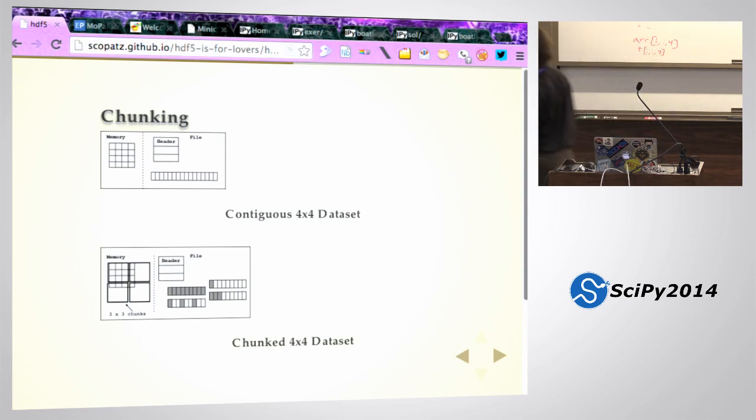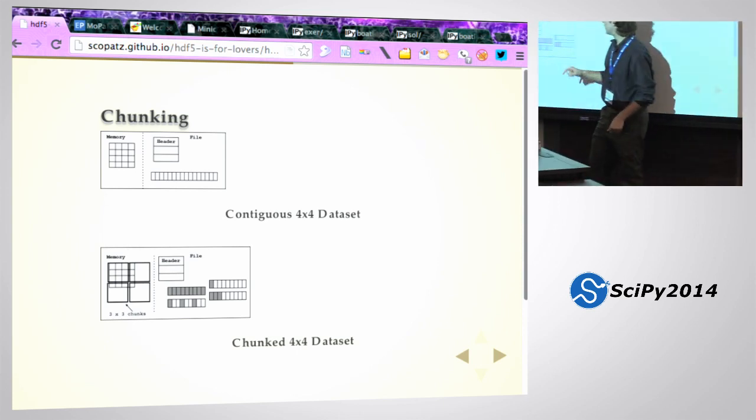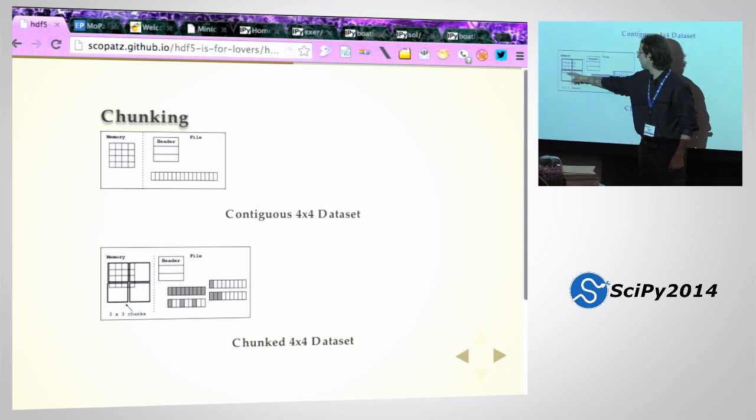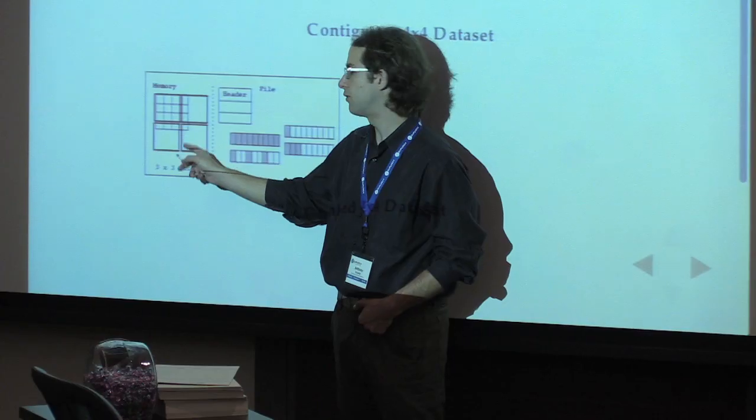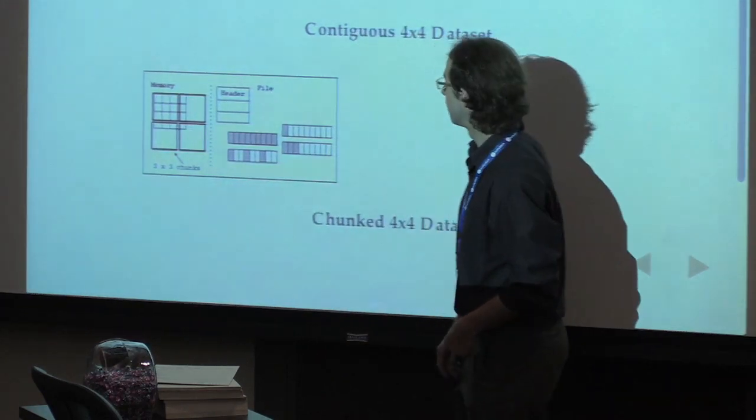If you chunk it instead, you would end up with tiles that each store their own part of the array. These are n-dimensional chunks, as you saw. You get one 3 by 3 up in the right corner, another that just stores that little sliver along the right, another sliver for the bottom, and then the bottom right corner.